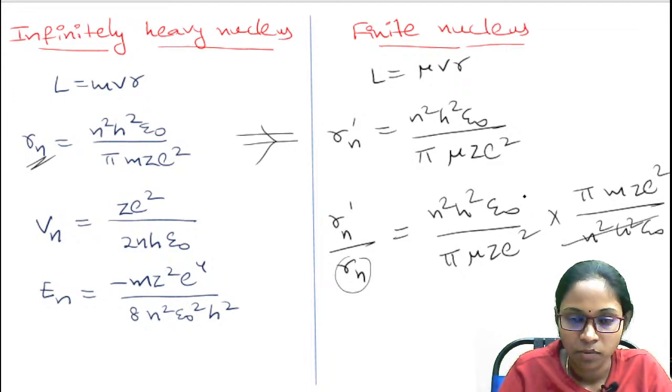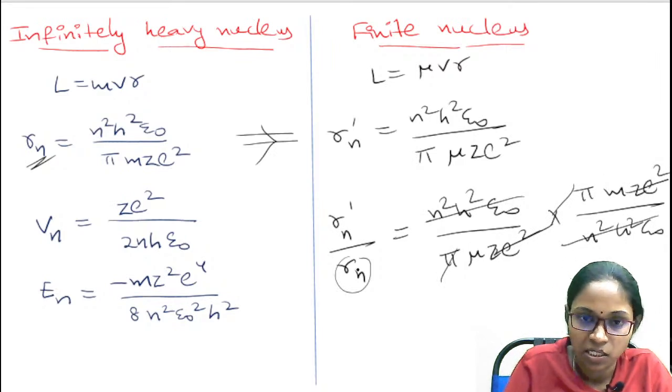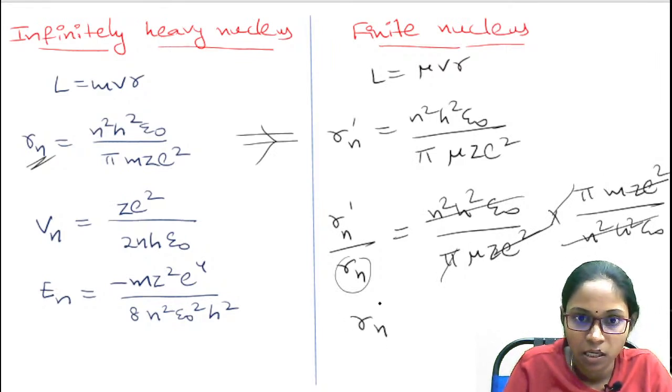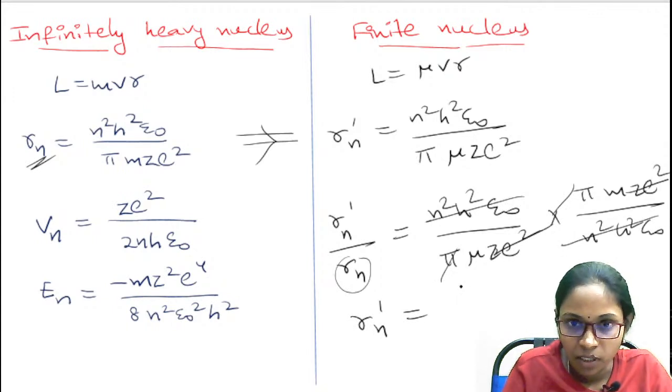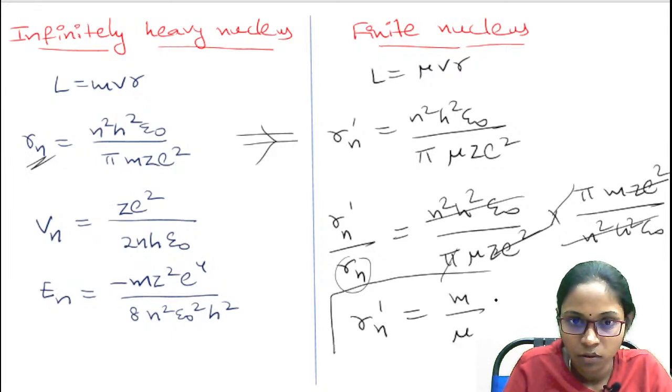The n square h square epsilon naught, pi and z e square cancel. Therefore Rn prime will be equal to small m by mu into Rn.